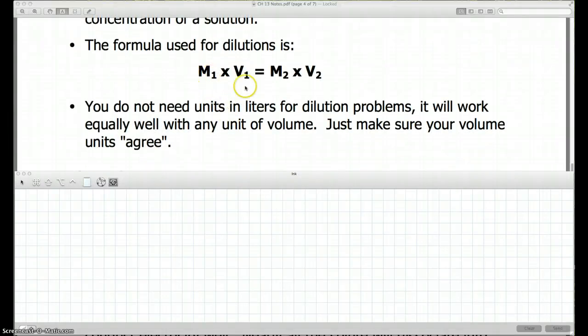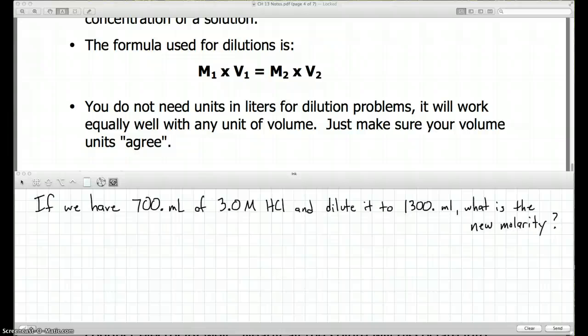And our dilution equation is this. I'm going to pause this a second and write out a word equation. Oftentimes dilution questions will be a little wordier. It's more like a situation that you're explaining and you have to set it up from that word equation. Okay, this is kind of a basic dilution question.